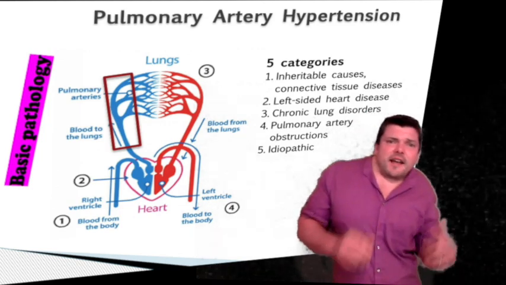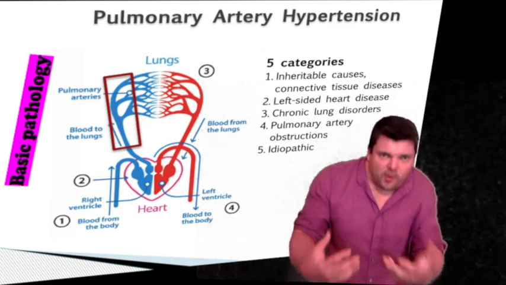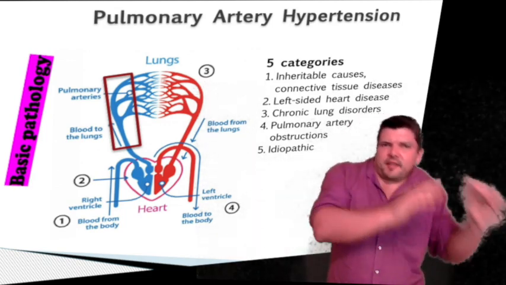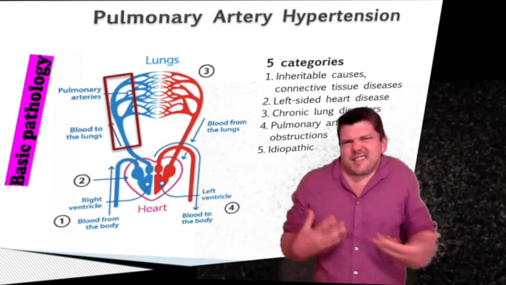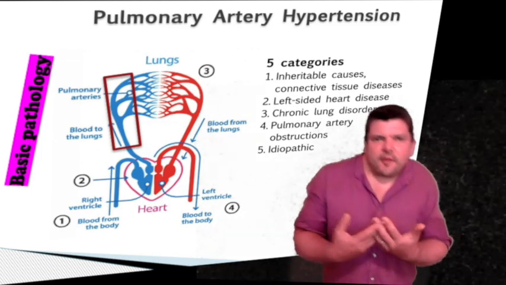Much like ARDS, pulmonary artery hypertension is a consequence, for the most part, of some other pathology. So there's 5 basic categories that patients with pulmonary artery hypertension generally fall into.